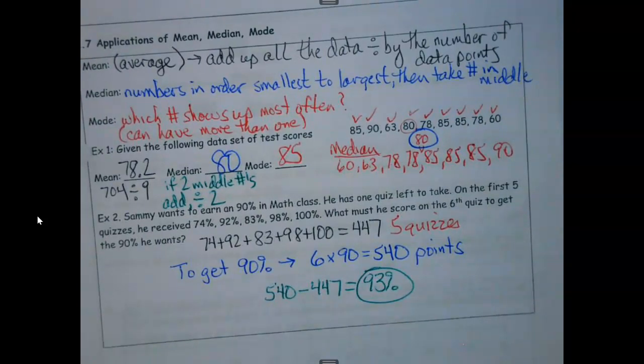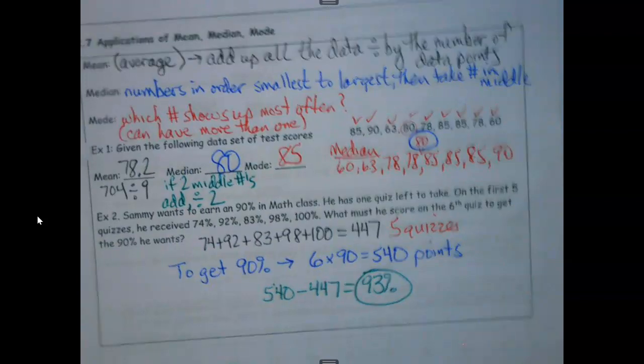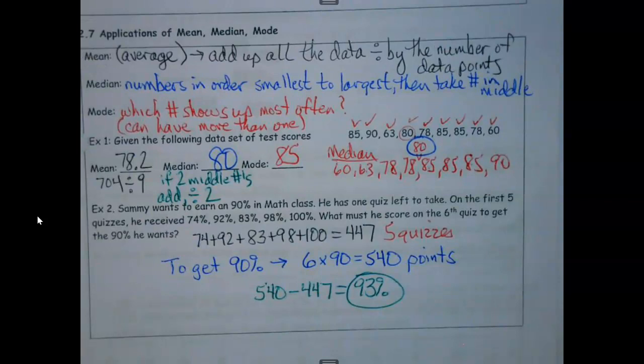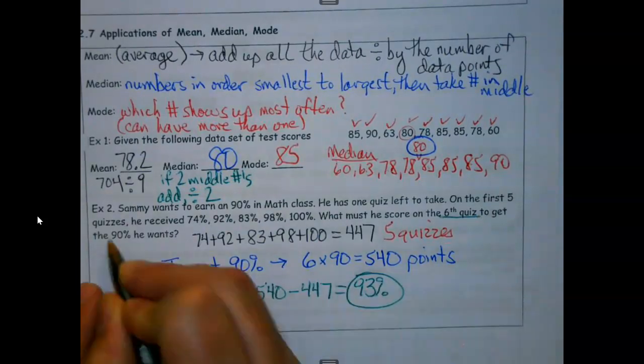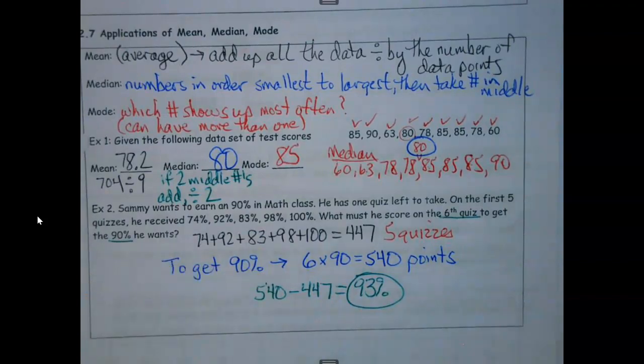So what we did is we added up all the scores we've had so far. I'm not really worried about the mean. All I'm concerned with here is he's taken 6 quizzes and he wants to average 90 on each of them. So I'd end up doing it this way.